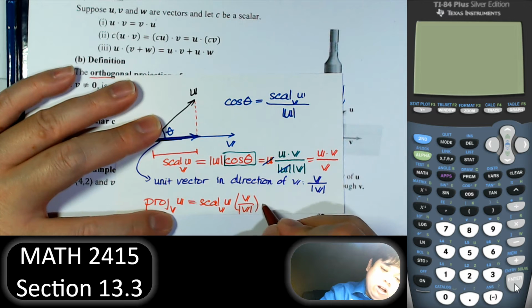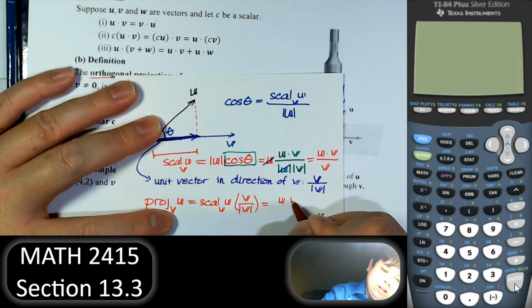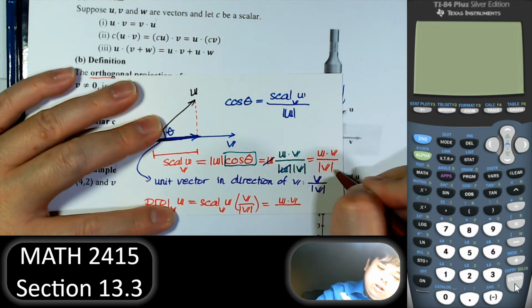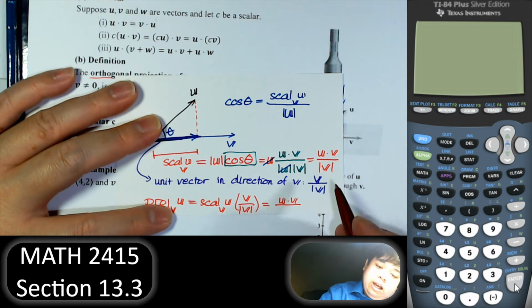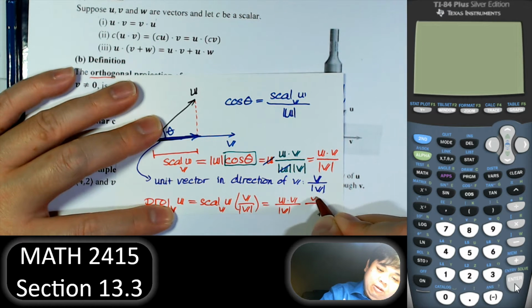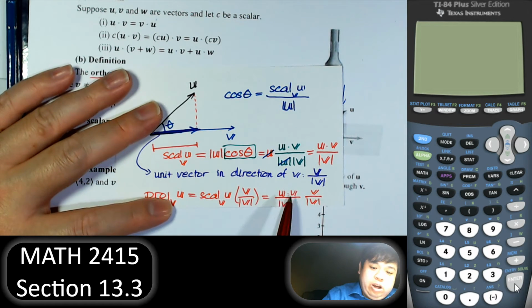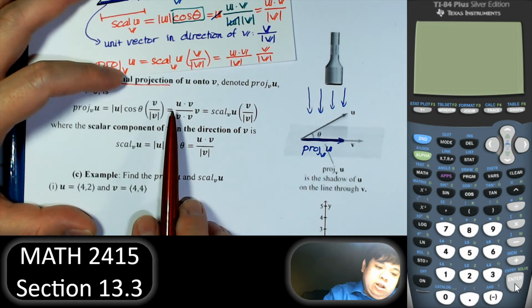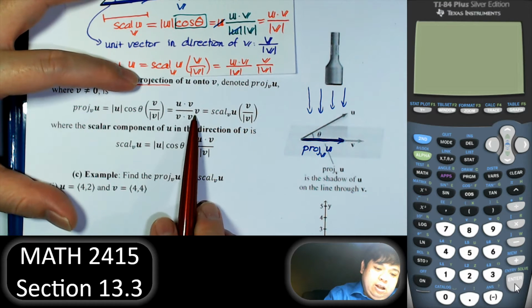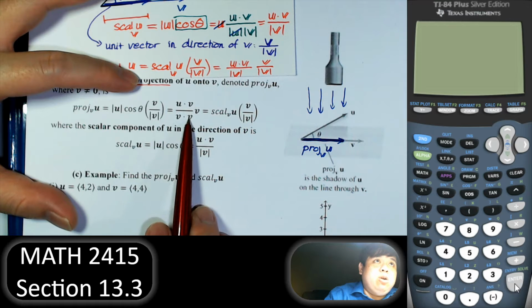So we have the dot product over the magnitude of v, and then the unit vector in the direction of v. Put together we have u dot v over the dot product of v with itself.